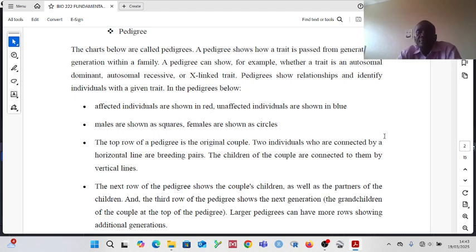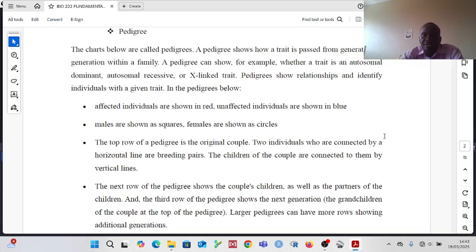Okay. So through a pedigree, we can establish whether a trait is autosomal dominant, autosomal recessive, or if it is linked or located on the X chromosome. Thus we are calling it an X-linked trait. Okay, X-linked trait.